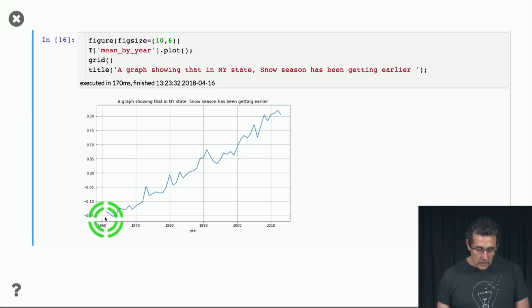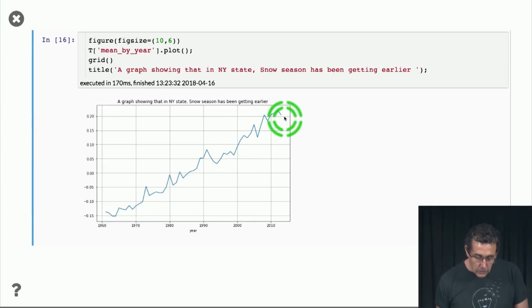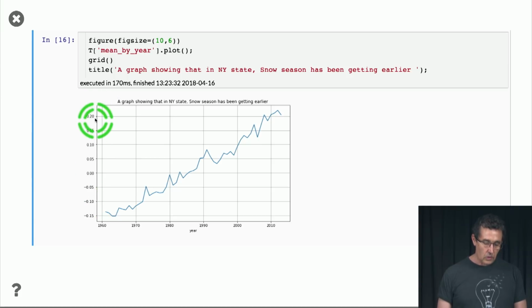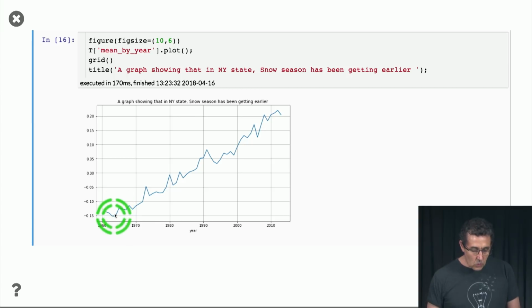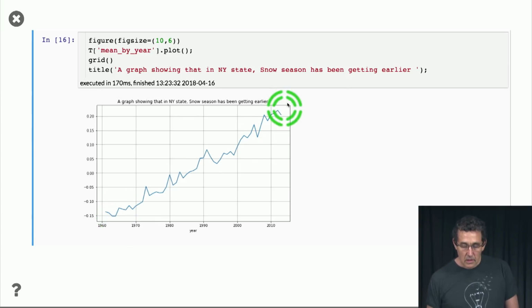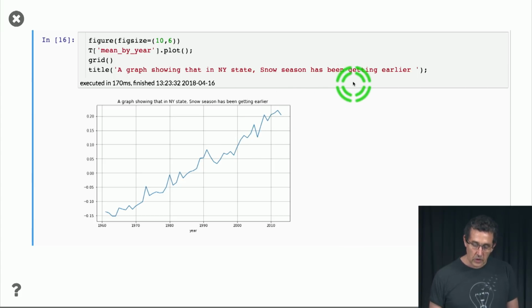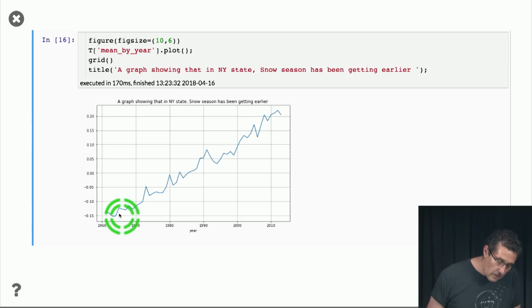And what we have here as a function of the year is the value of the average that is stable. And what you see is that there is a clear trend upwards. Okay? So it seems quite clear, according to this, that the trend is that snow is getting to be earlier and earlier.